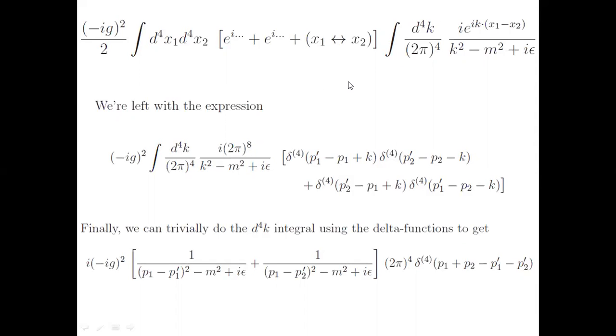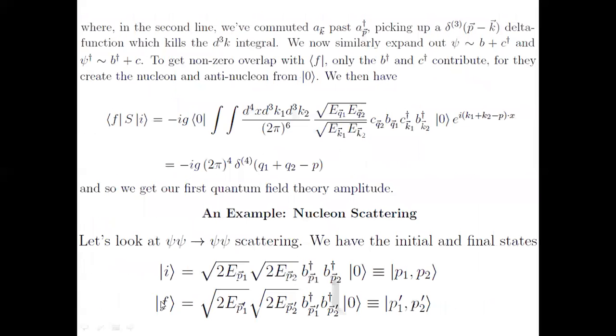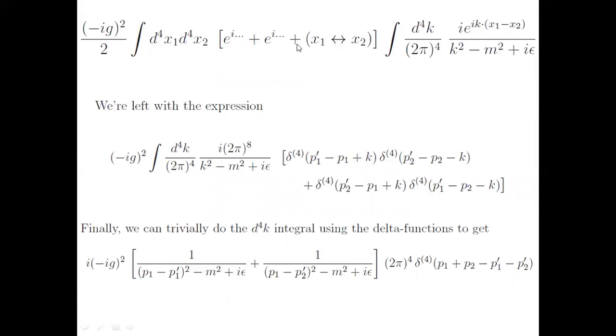Now if we again do these d4x1 integrals and d4x2 integrals, we will have delta functions. Since there is p1 prime minus p1 here, and also there is x1 here, x2 here, there are also x1, x2 here.